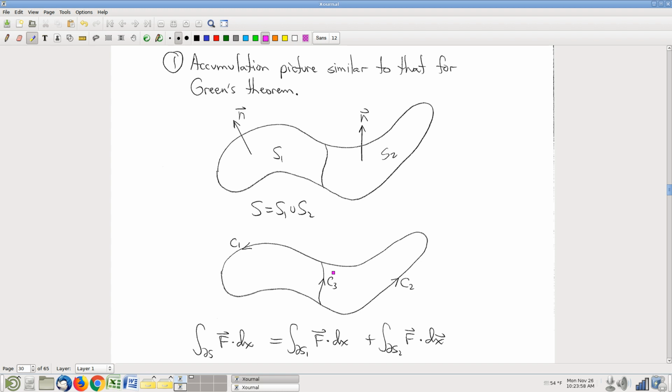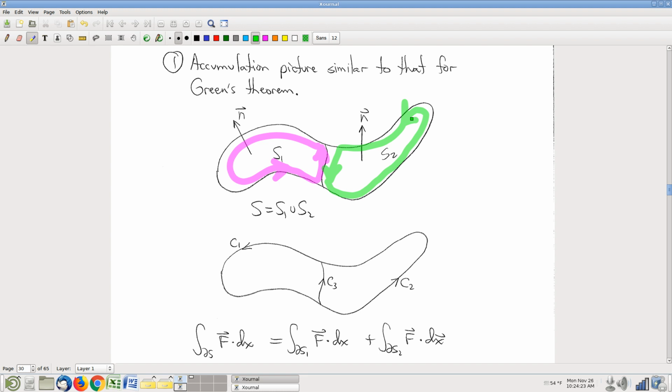We're talking about circulation, right? So if I'm interested in the circulation around the outer boundary of this entire surface, I could ask, how does that relate to the circulation around the boundary of the left piece, combined with the circulation around the boundary of the right piece?